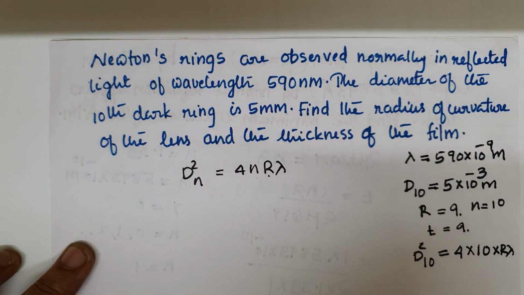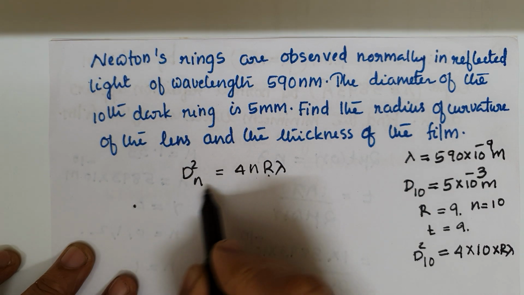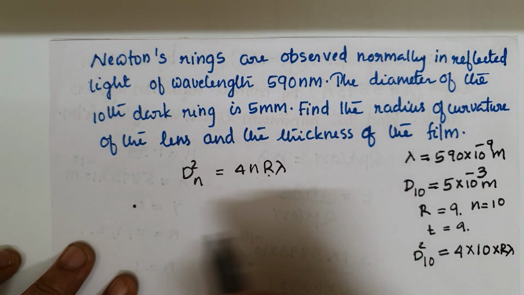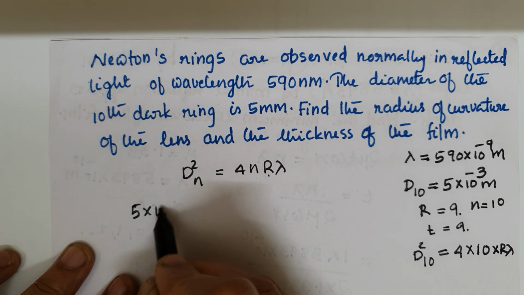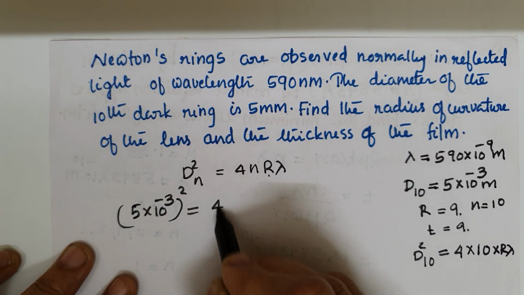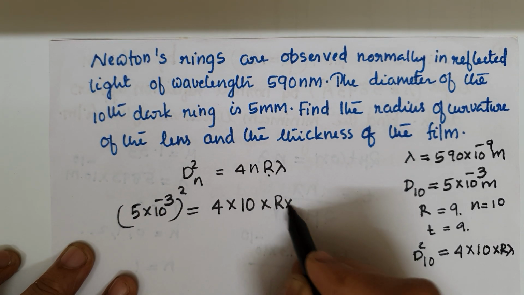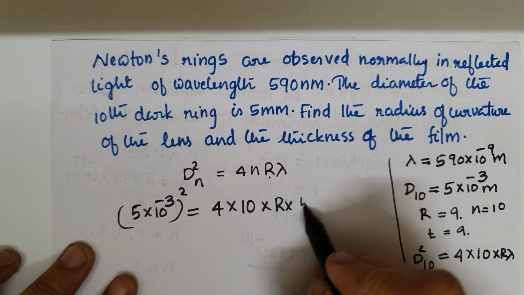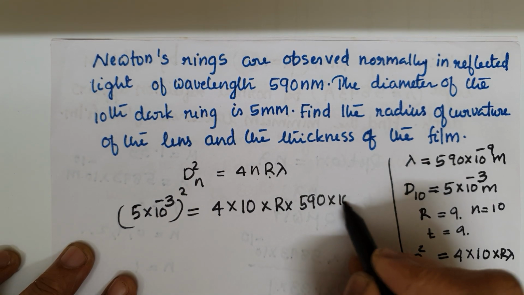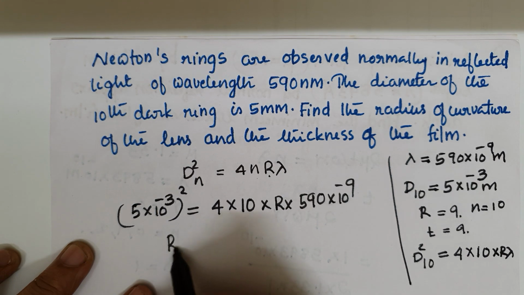Lambda is also given. That is, d10 is 5 into 10 raised to minus 3, the whole square, is equal to 4 into 10 into r into lambda, which is 590 into 10 raised to minus 9. Here we can find out r.